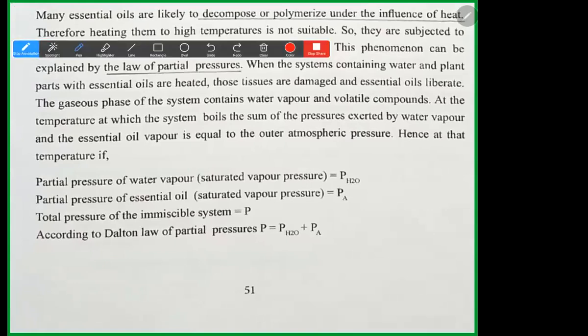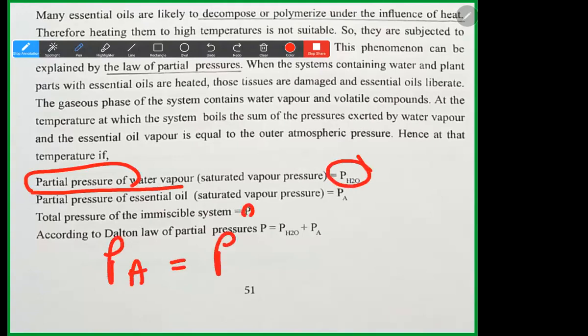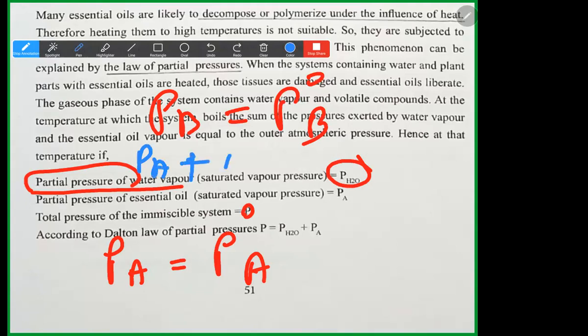When the internal pressure equals our external pressure, it starts to boil. Take the partial pressure of water vapor, because they are vaporizing independently. So the partial pressure equals what? The saturated vapor pressure. So PA equals P naught A, and PB equals P naught B. According to Dalton's law of partial pressure, PA plus PB equals PT.